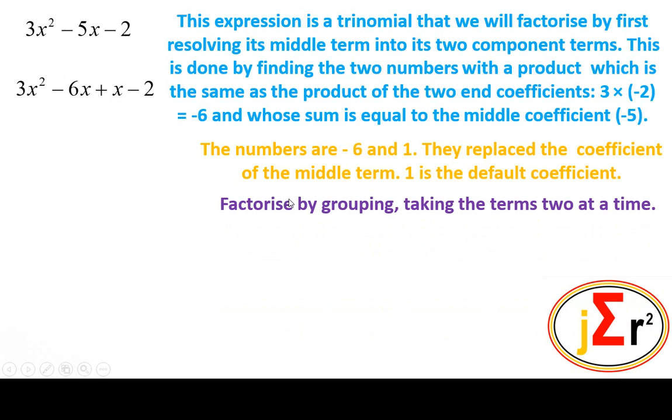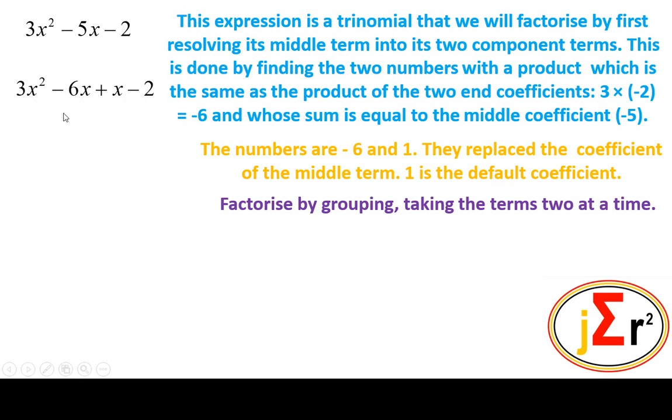We will go straight ahead and factorize by grouping, taking the terms 2 at a time. We have 4 terms. Factorization by grouping, we are going to group the terms 2 at a time, but we are not going to show that grouping. That is going to be assumed.